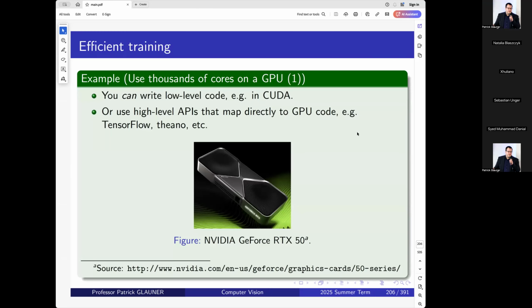Now, why are these libraries, like Keras and PyTorch, so popular nowadays? Because training a neural network is quite resource heavy. And typically you cannot just run this on your CPU, but rather you need to run this on some different hardware to speed up the training. When you describe the tasks in a neural network, like predicting or training, you can try to describe this in a vectorized way.